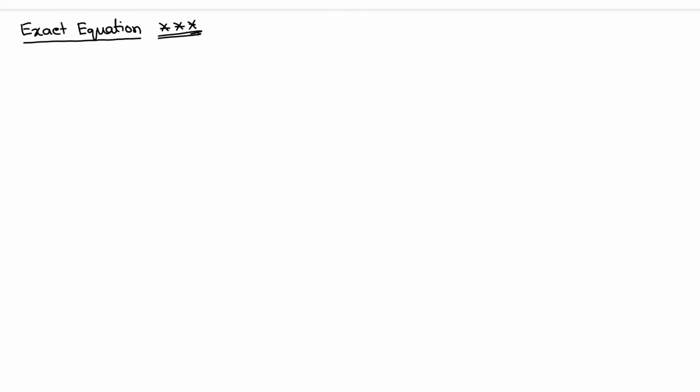Suppose I am giving you an example or an equation. Let's say x dy + y dx = 0. So this is of the form M dx + N dy = 0, yes or no? So obviously this equation is a first order first degree equation.